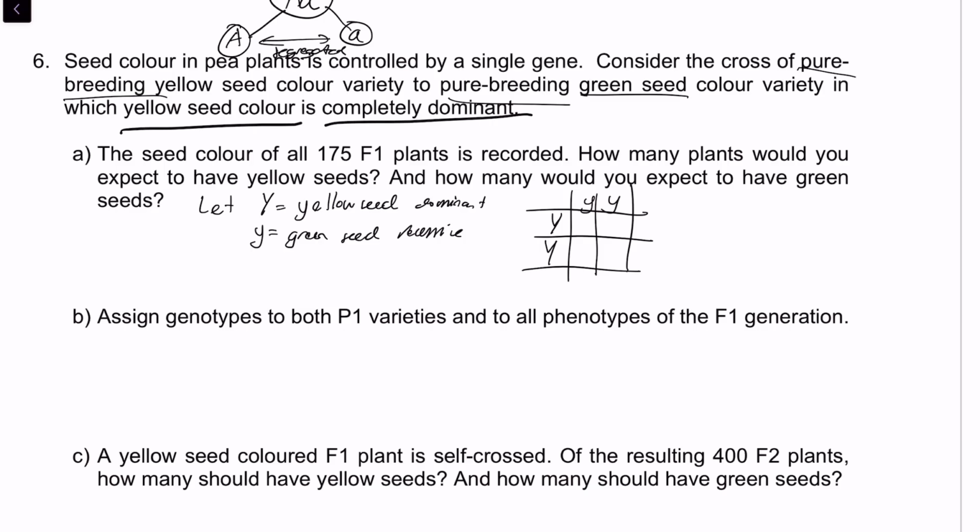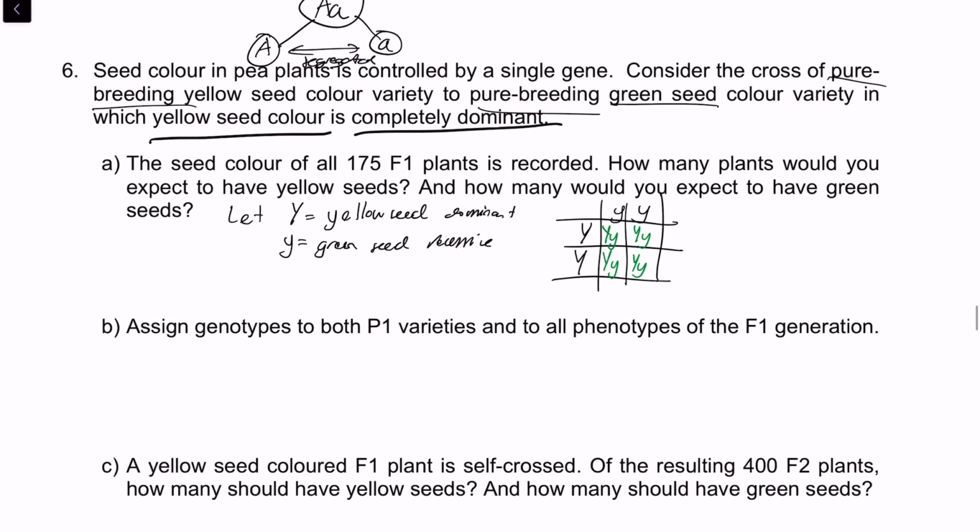Okay, so making our Punnett square here, we just know that every single one of these will have a dominant allele and a recessive allele, so all of them are going to be heterozygous.